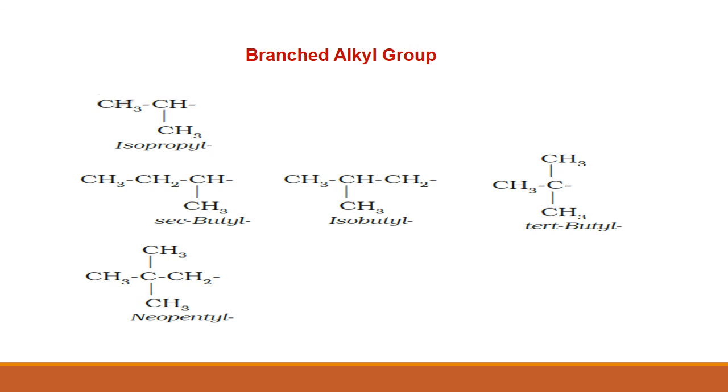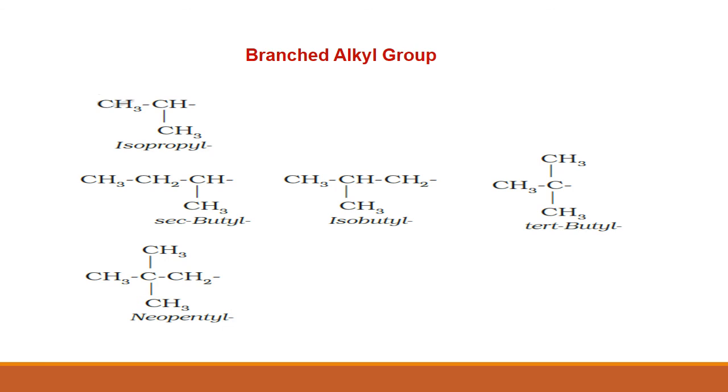In secondary butyl, it is attached to the CH, which is iso in nature, and in isobutyl, it is attached to CH2CH, meaning the terminal carbon. The primary H is removed in isobutyl. In secondary butyl, the secondary H is removed. In tertiary butyl, the tertiary H is removed.